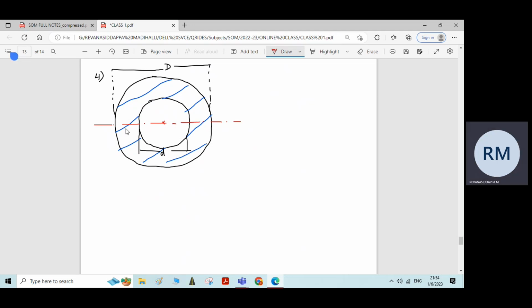The distance of the neutral axis from the extreme fiber is again capital D by 2. That is the y max value.